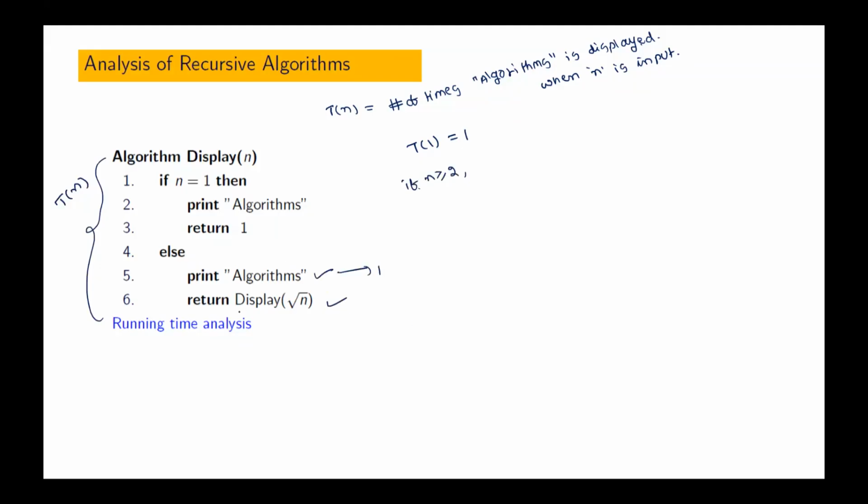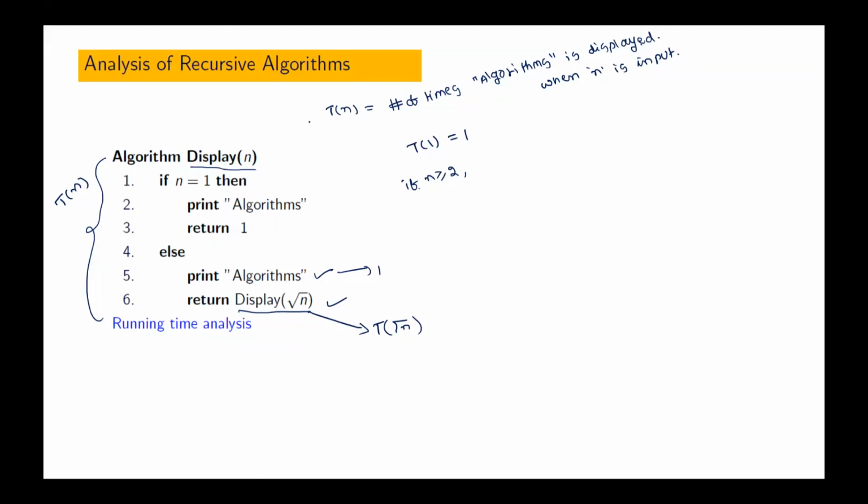Now again, here how many times is it printed? T of root n times. When n is input, the total number of times the basic operation is performed is T of n. When root n is input, how many times is it performed? T of root n only, no? This is the point we are not getting, sir.